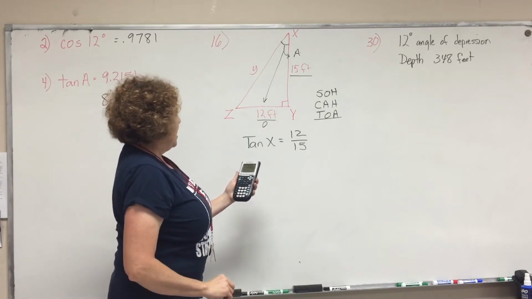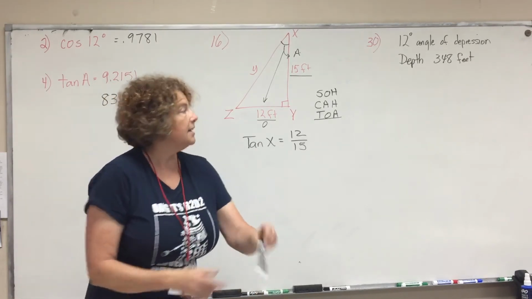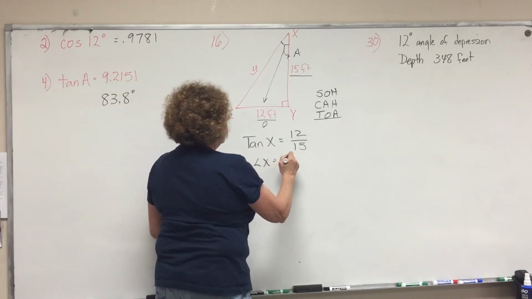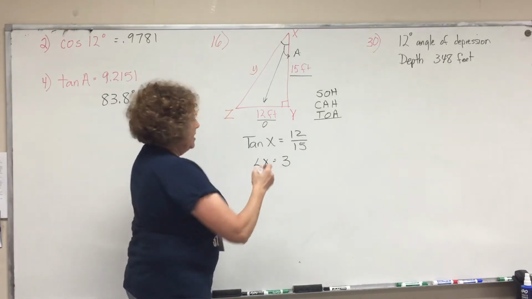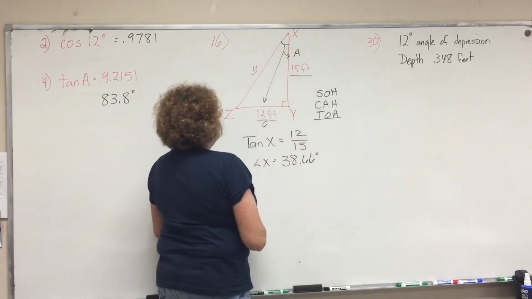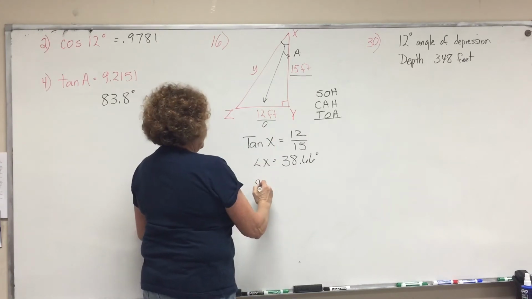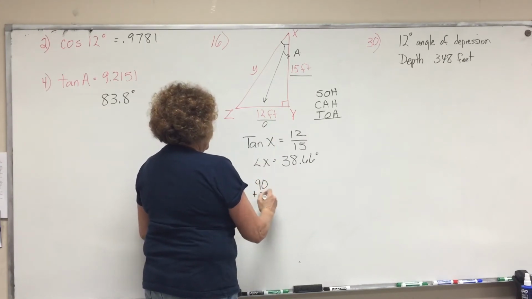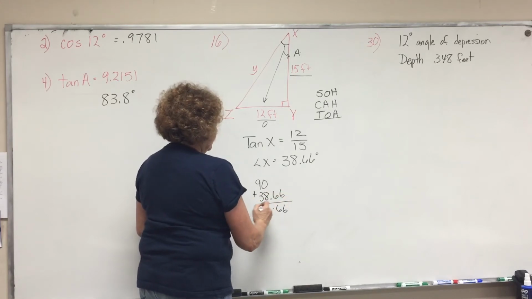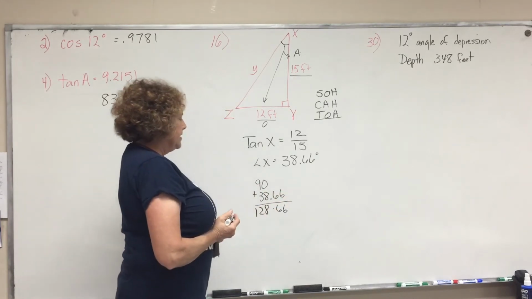And you come up with 38.66. So angle X is 38.66 degrees. So now we can say 90 plus 38.66 is 128.66.